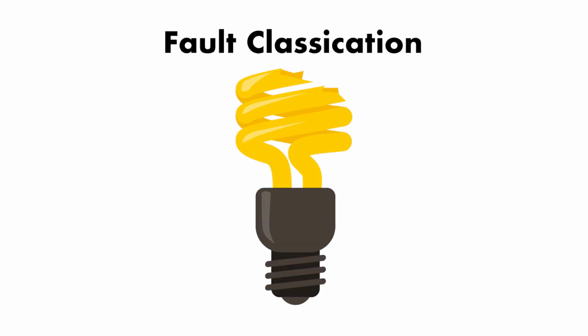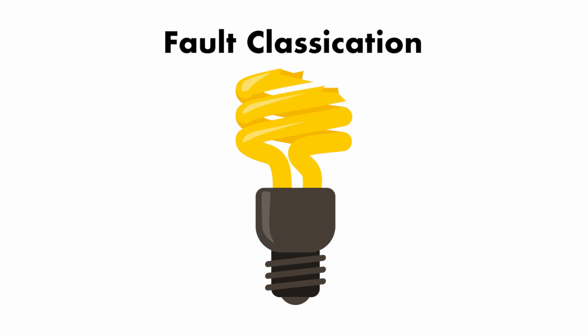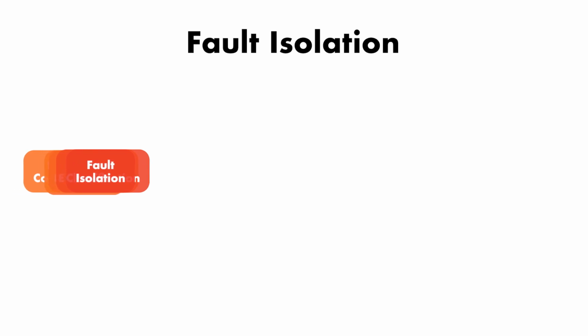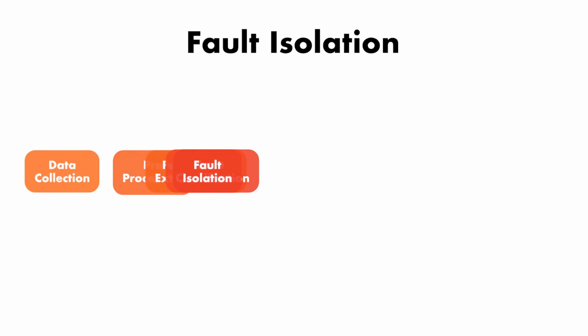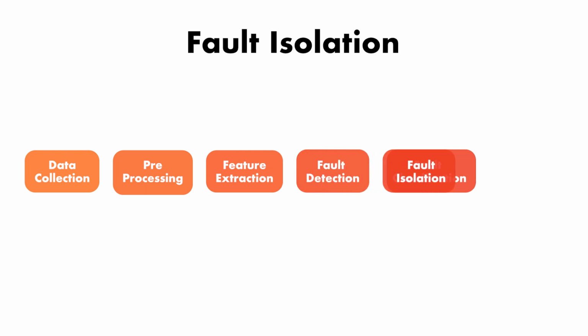After the failure is detected, once we know with more or less certainty there's a failure, we have to classify it to understand its nature. We have to classify its severity, for example. And after we classify it, we have to do fault isolation, where we say that's the cause of the failure, and it is located in this place. And that's the fault isolation step that finishes the diagnostics process.